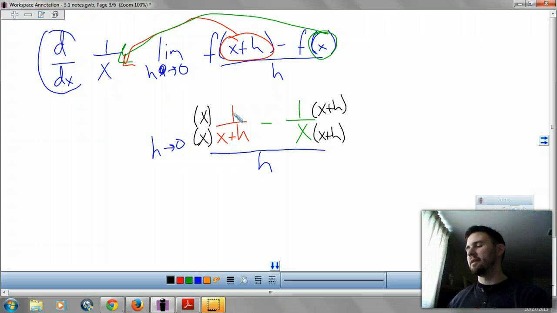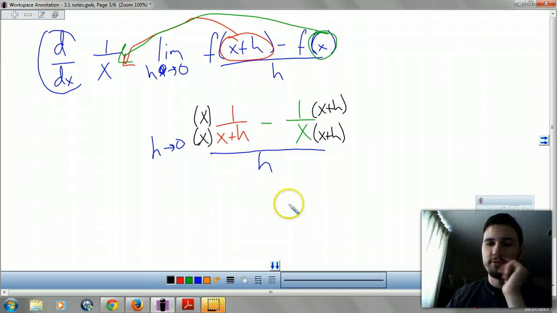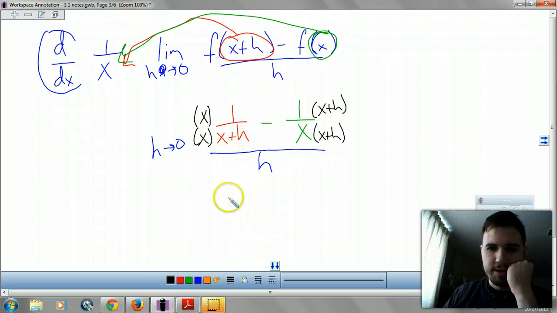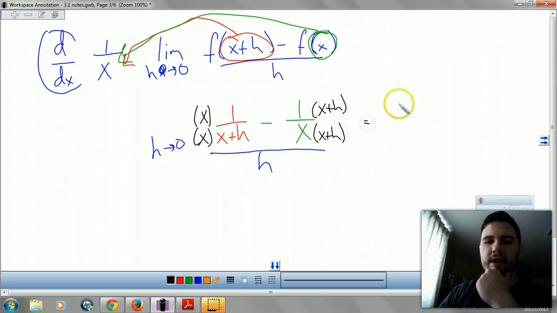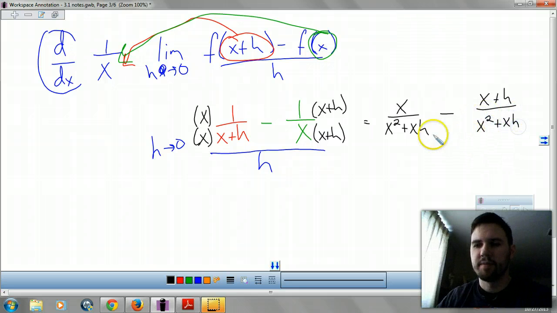So what I end up getting, bear with me, I'm not going to write the limit till the very end. If you have a problem with that, call the Calc police. Don't call them because they're busy. So this top actually becomes x over x squared plus xh minus x plus h over x squared plus xh, and the whole thing's over h still.